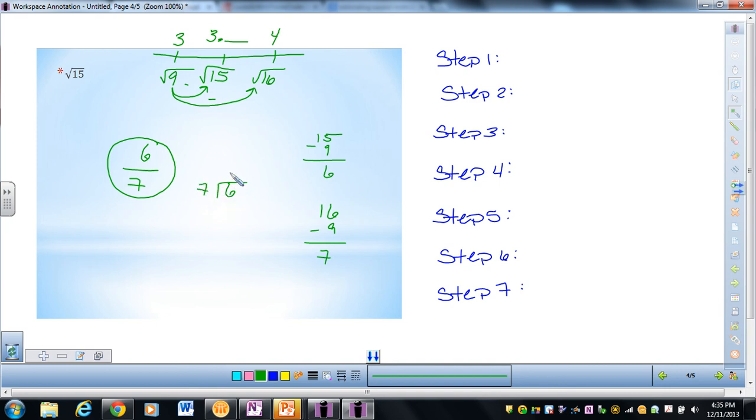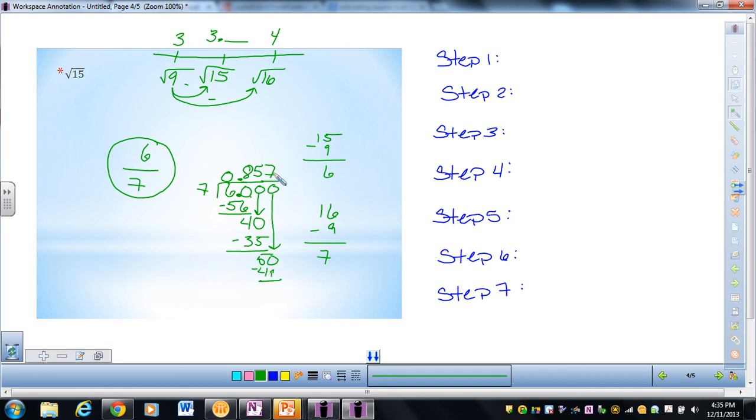7 does not go into 6, so I put a 0, give myself a decimal point, add another 0. 7 goes into 60 8 times, that's 56, and I have 4 left over, add a 0. 7 goes into 40 5 times, that's 35, and I have 5 left over. I can add another 0. And 7 goes into 50 7 times. That's 49.